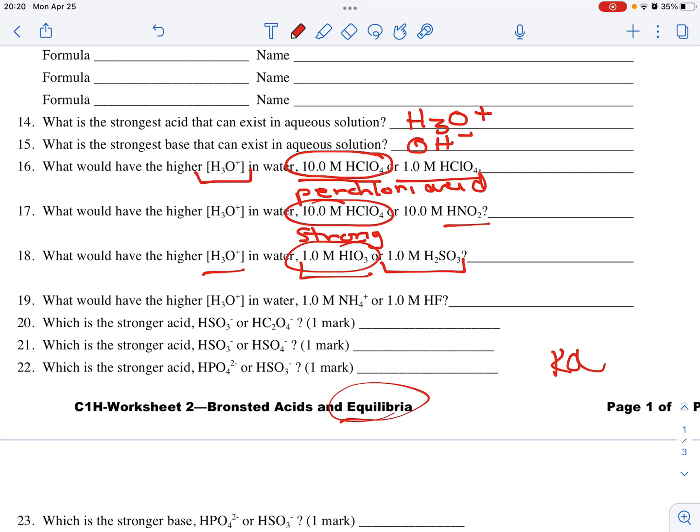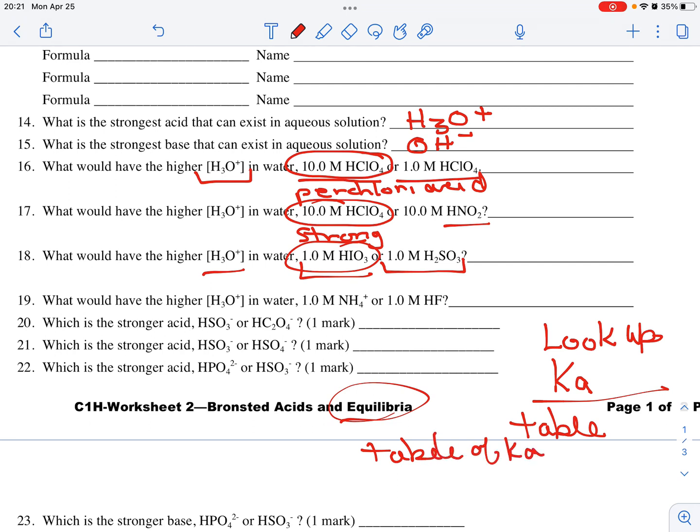Let me make a little note. And you can just find a table. Just type in table of Kas.